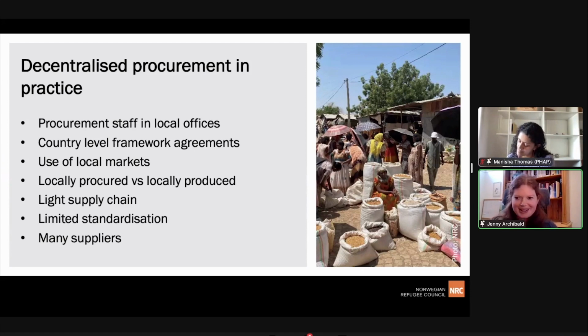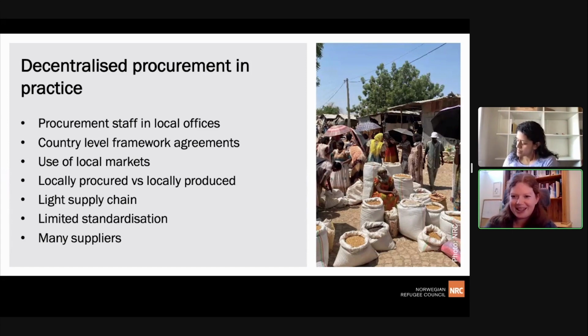One of the other both advantages and disadvantages, I would say, of this lighter supply chain and localized procurement is that we have less standardization. So each country can procure the most appropriate goods for their context.